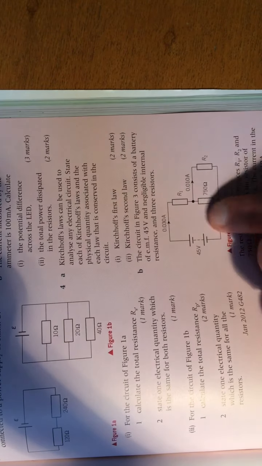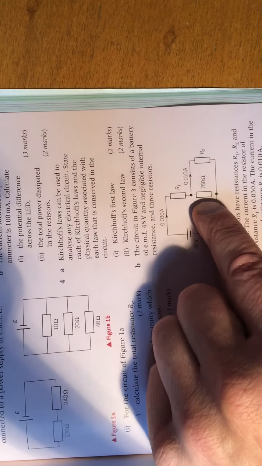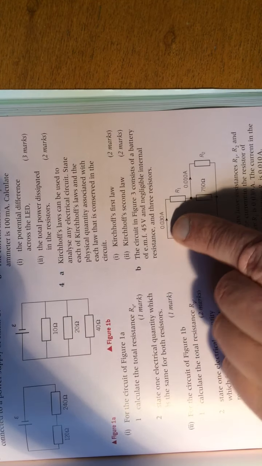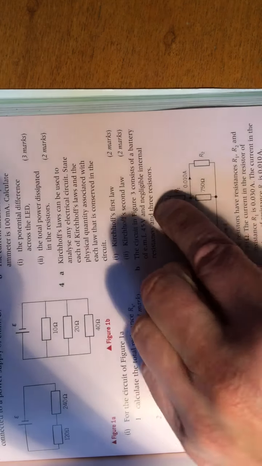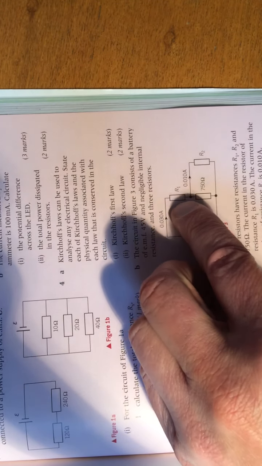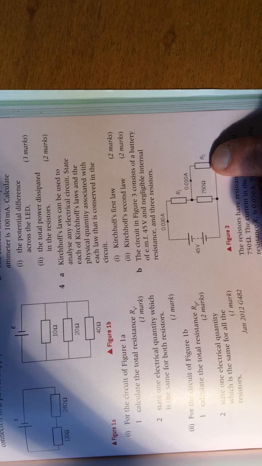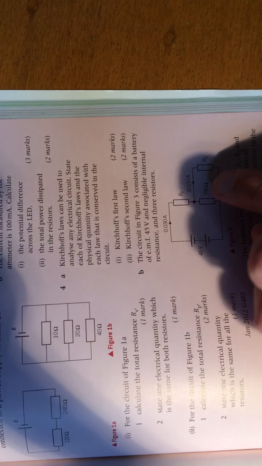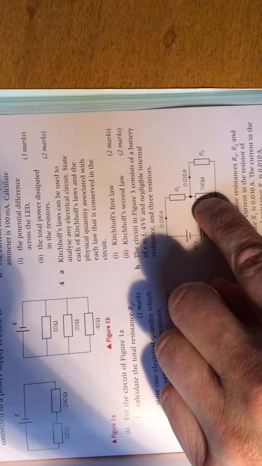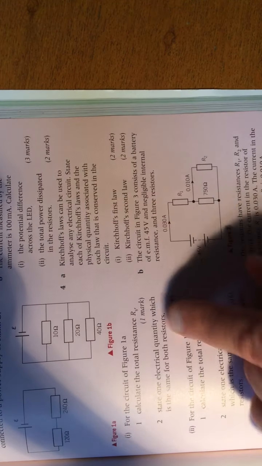The current in the 750 ohms will be the 0.030 amps flowing through R1. Out of R1, 0.010 amps flows through R2. Therefore, 0.020 amps has to flow through the 750 ohm resistor. They join up here and go around there.